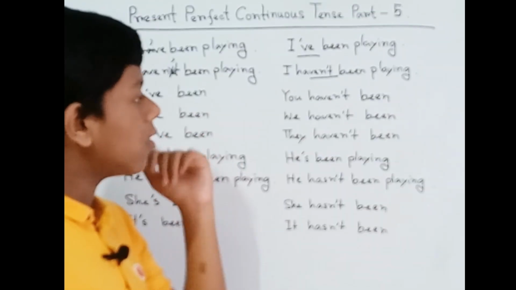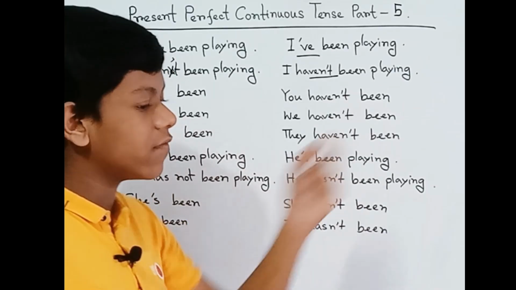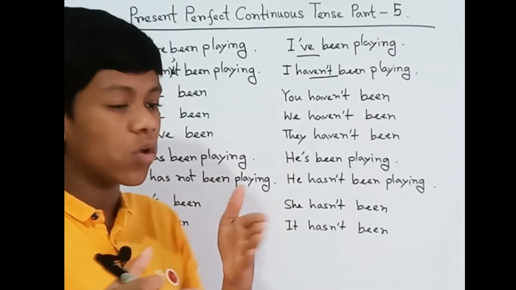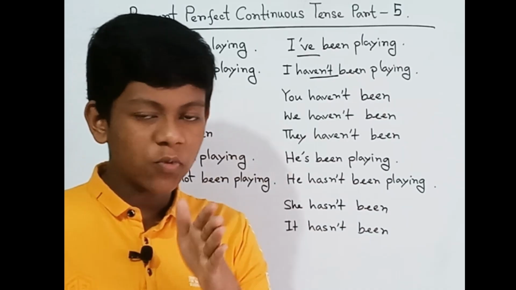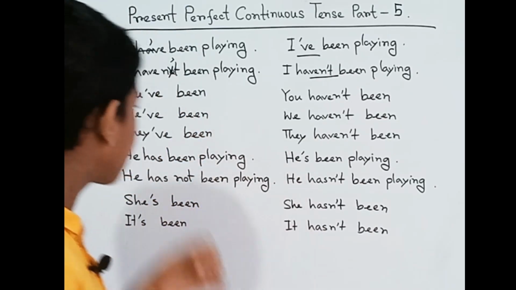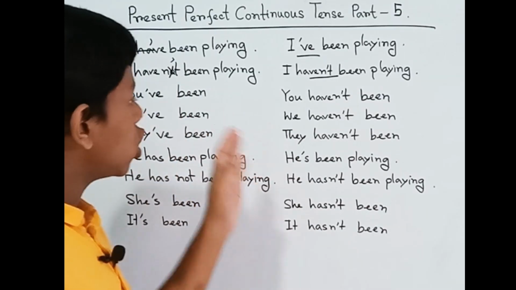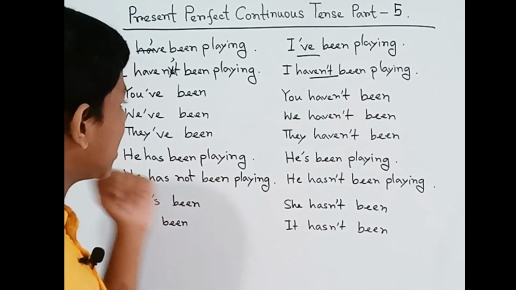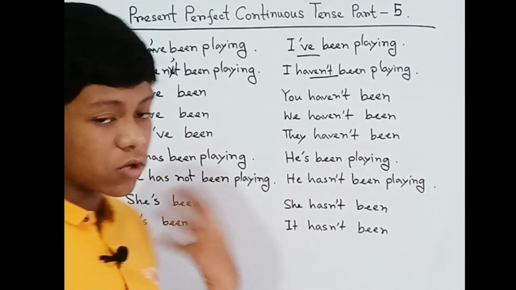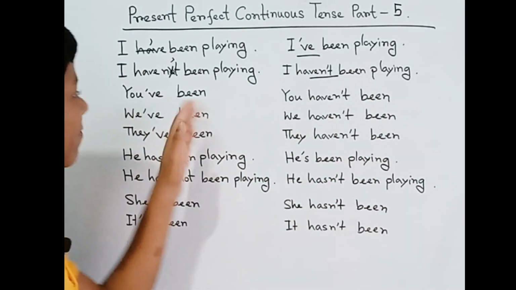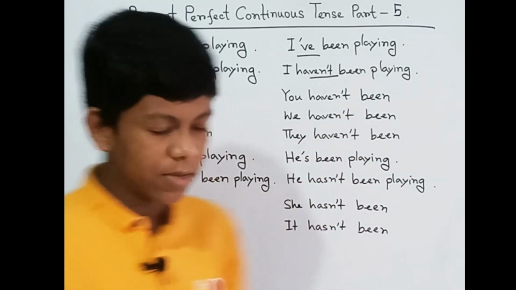Here we didn't add a verb because our main goal is to focus on the contraction. But if you want to say the verb, we can say you've been working, and in the negative, you can say you haven't been playing. You've been playing, you haven't been playing.